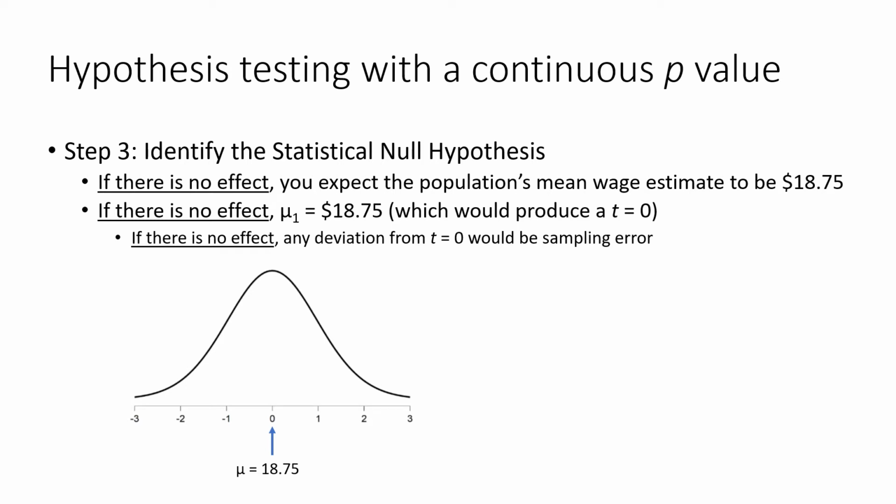That's what you'd expect if there is no overestimation going on. There's no effect. There's no optimism bias. Formally, you would write that as mu is equal to 18.75.